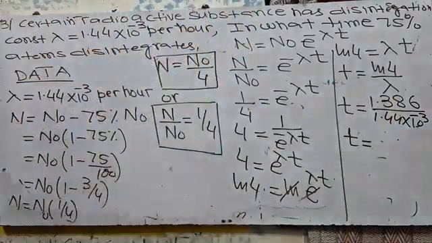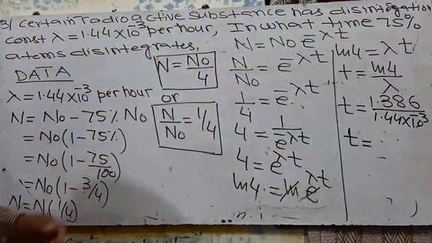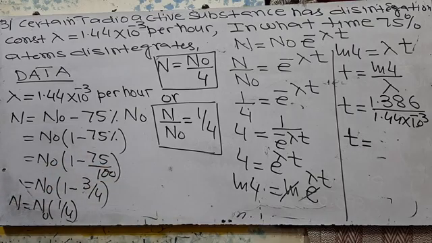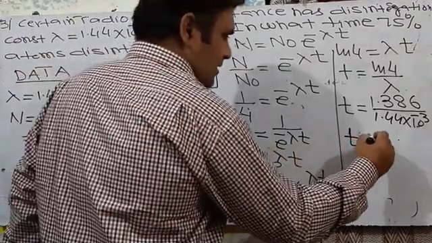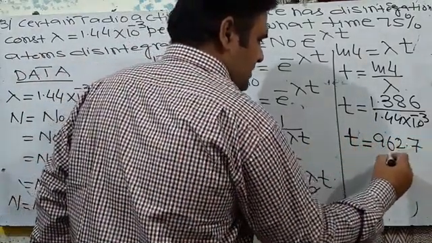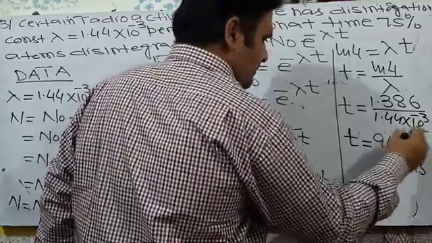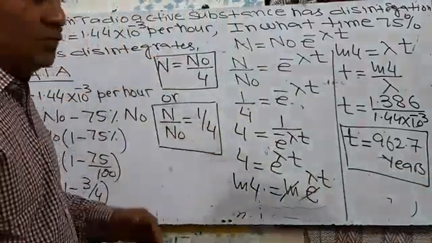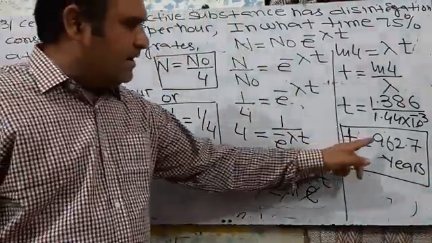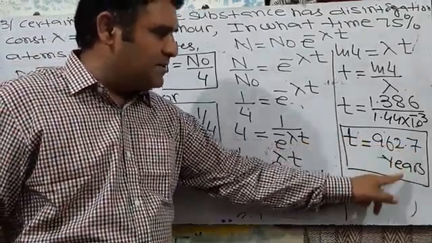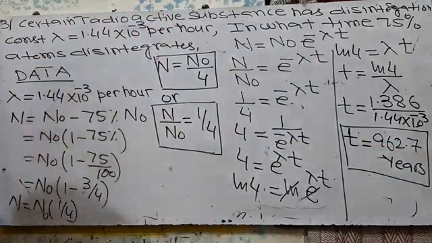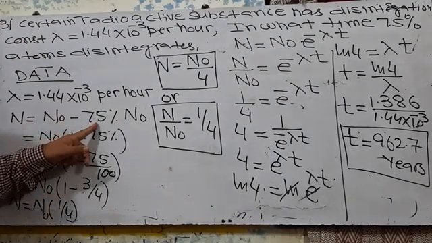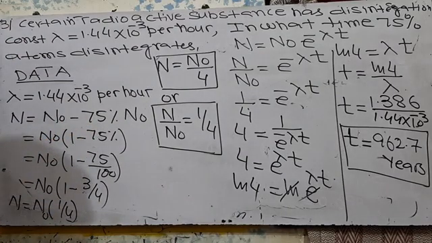When we divide the numerator by the denominator, we get a value of 962.7 years. So remember, after 962.7 years, 75% disintegration will happen in the radioactive nuclide. This is the answer.